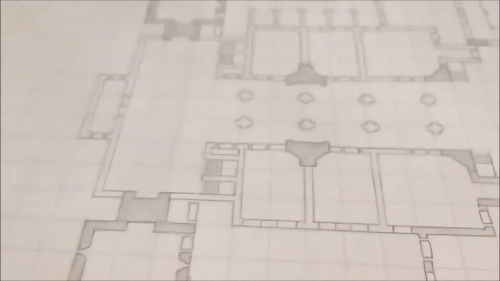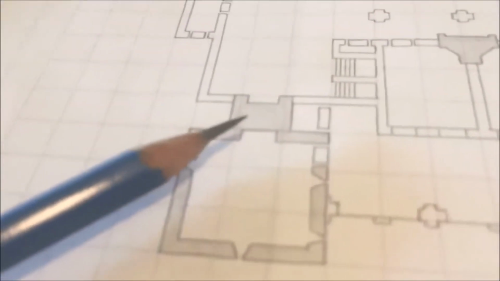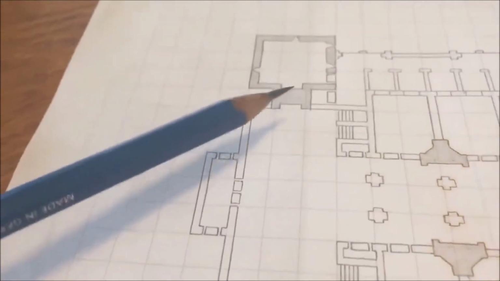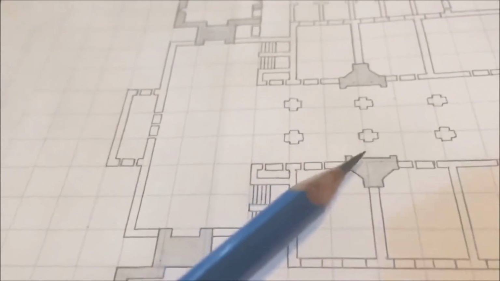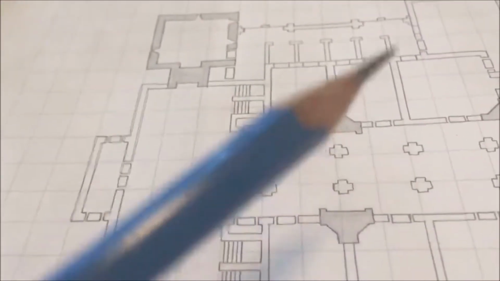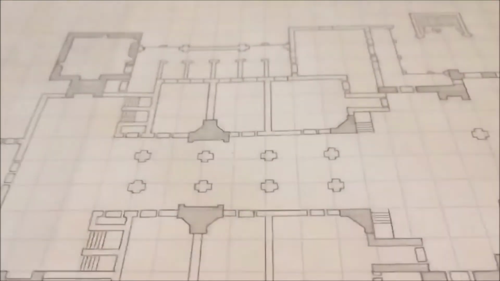Okay, so the stone areas are either the chimney, like the fireplaces. So if I show you, this is a fireplace. Fireplace. Fireplace. You see, that's good. 1, 2, 3 fireplaces with the chimney in the middle. Those are the fireplaces.